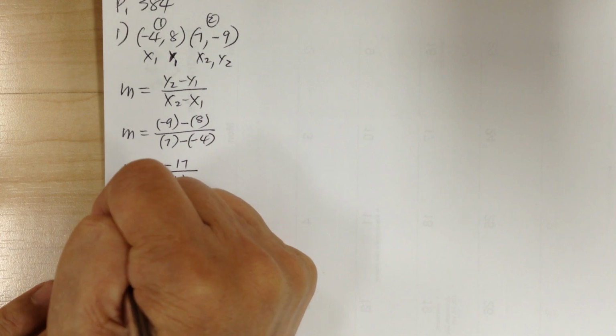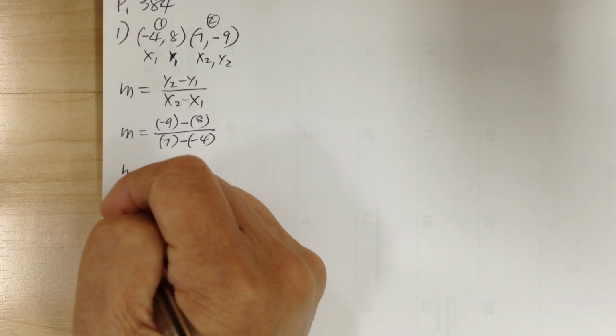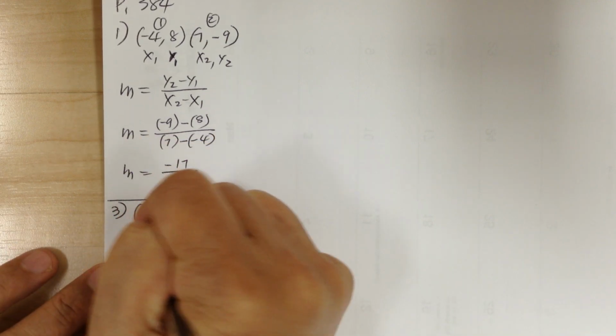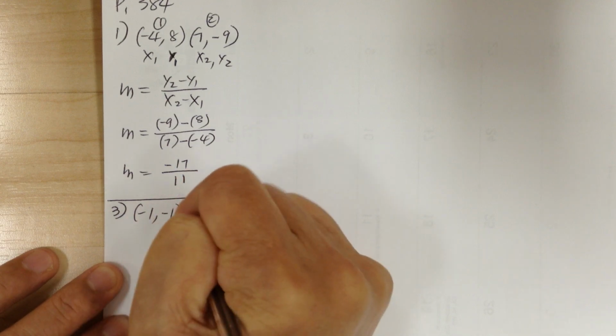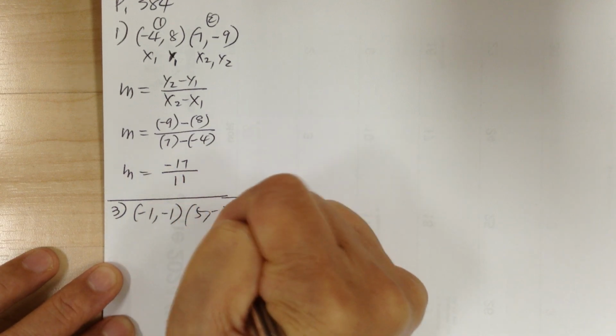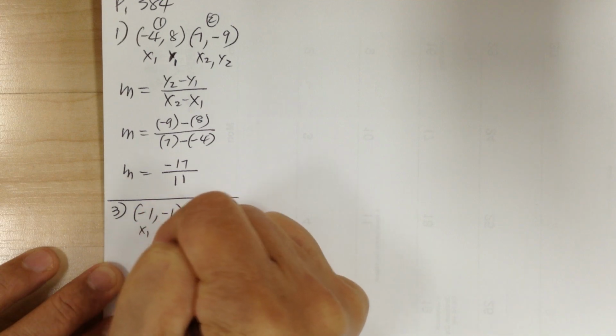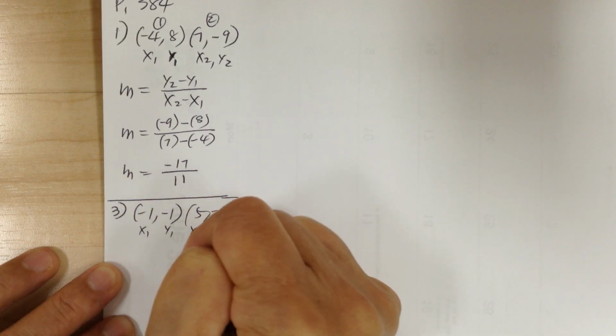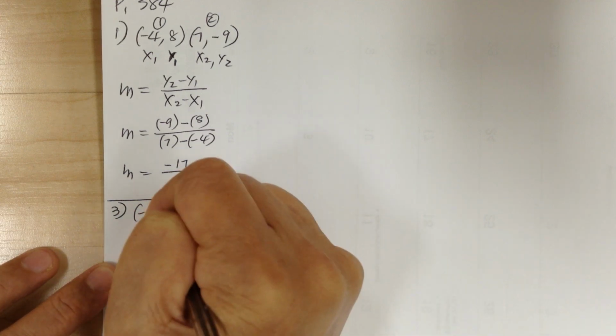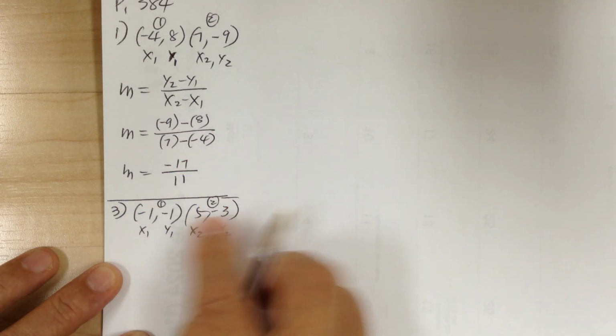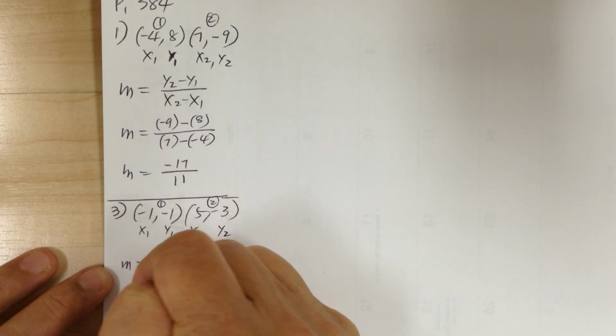Let's go to number 3. You've got (-1, -1) and (5, -3). So you can label your x1, y1, x2, y2. This is point 1, point 2. When you label, it helps you to put in the correct place.